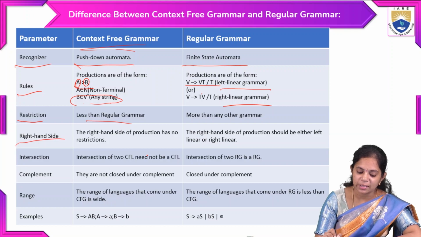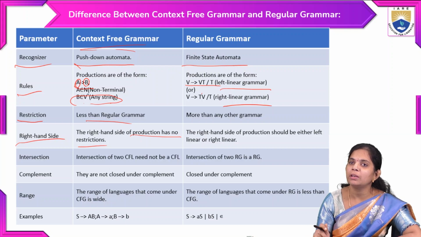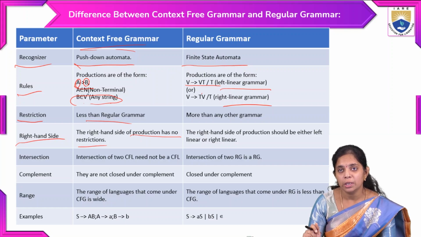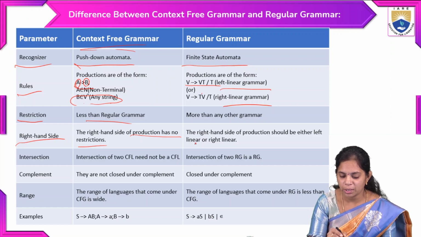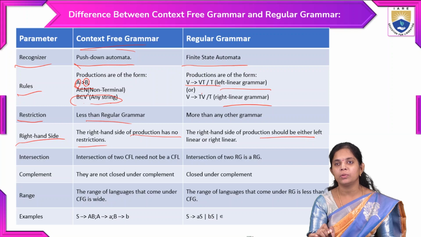So the right hand side of the production has no restrictions. We can have multiple combinations of terminals and non-terminals. Whereas in the regular grammar, the right hand side of the production should be either left linear or right linear. We only need to follow these two things.